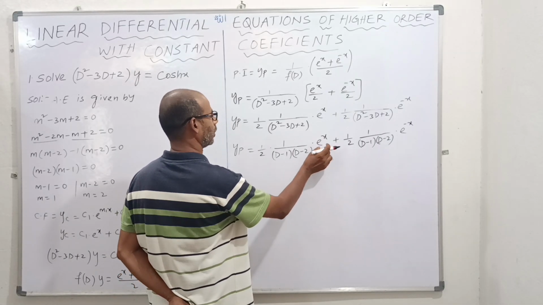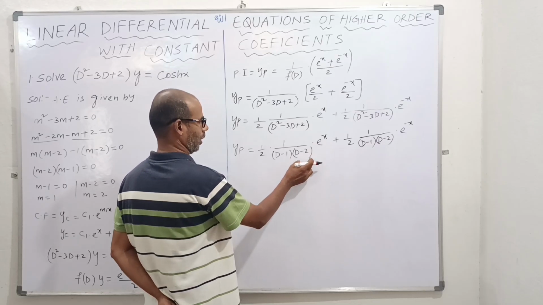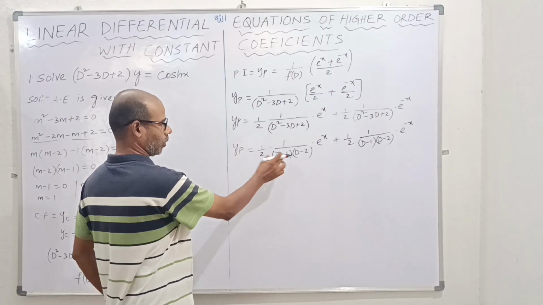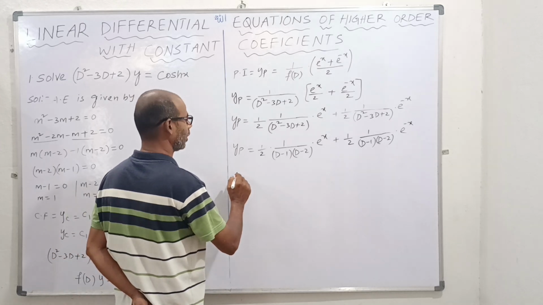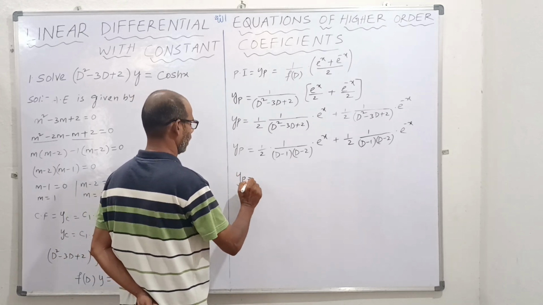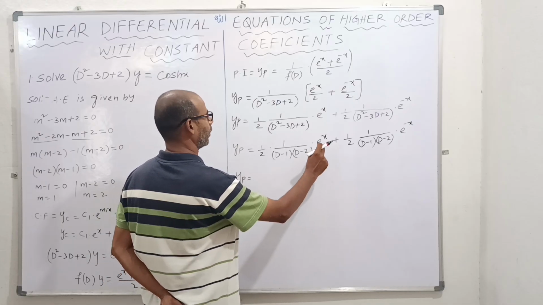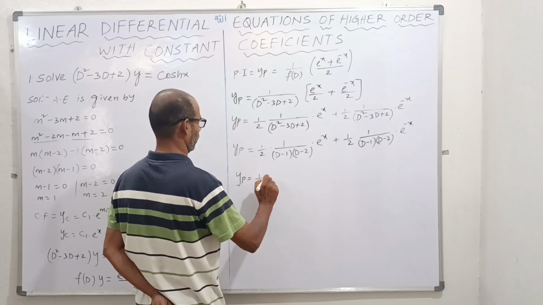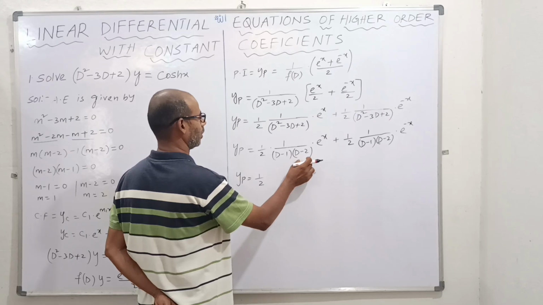So I will put D equals 1 here, and I will not put D equals 1 here, because this factor is becoming 0. So therefore, here y p equals 1 by 2. I am putting D equals 1 here.